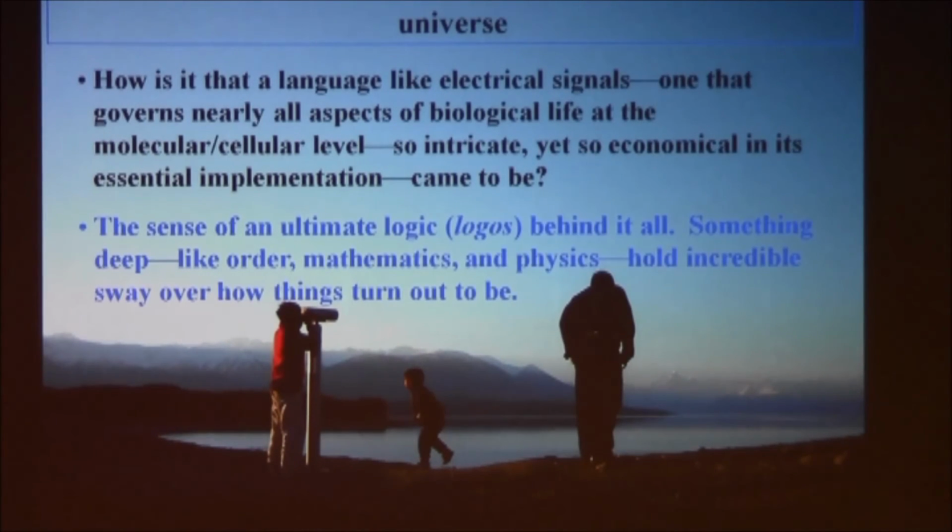It's just amazing. And then the other thing that's amazing is that as we thought about it, right, with electrical circuits, we did circuit analysis, we thought about the chemical reactions, brought in thermodynamics, we could find a kind of logic behind it, as complex as it was. And so there's sort of like a deep order. A lot of it is mathematical, a lot of it is physics that holds incredible sway over not only biology and engineering, but just about every realm of human endeavor.